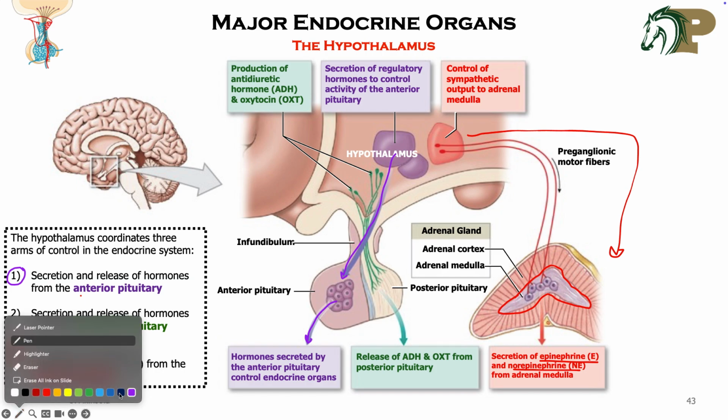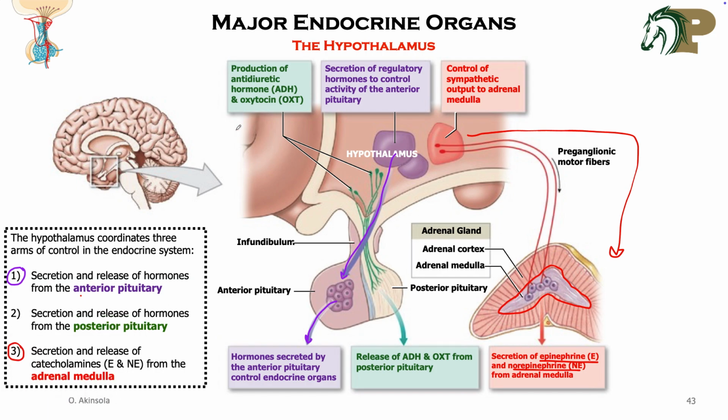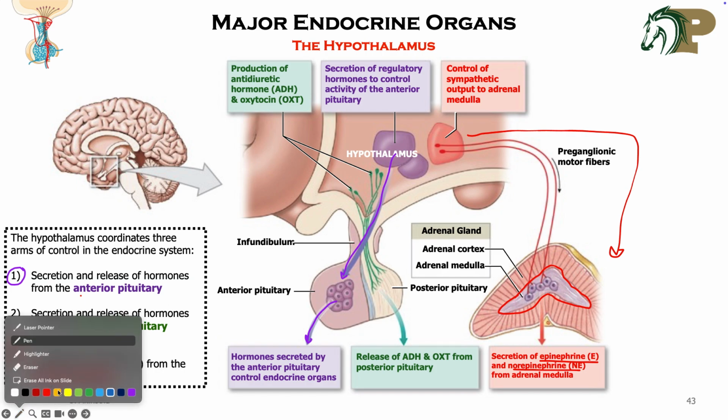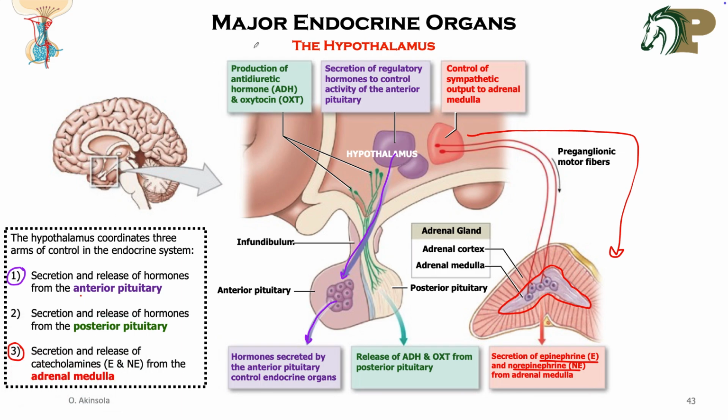Our third arm of control, which we'll do in green, is production of ADH and oxytocin in these neurosecretory areas. ADH and oxytocin will then make their way down to the posterior pituitary. Remember, once again, the posterior pituitary is a storage vessel only.